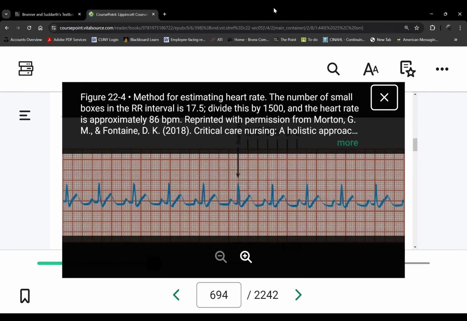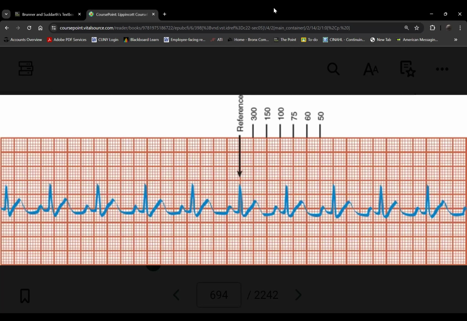If the rhythm is regular, to analyze the regularity or irregularity of a rhythm, let's look at how often each wave occurs.